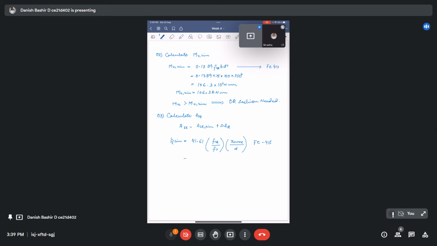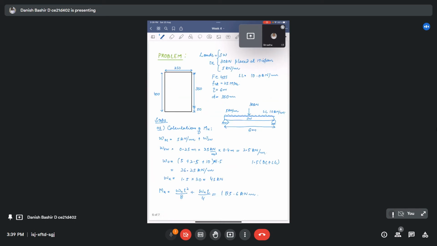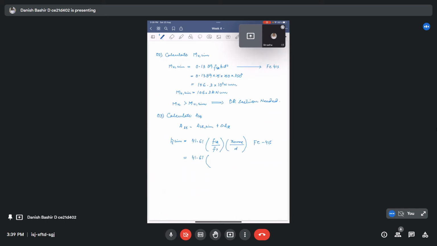So substituting all these values in this 41.61 FCK, we have to put the value of XU max by D for Fe415. This is 0.4791.